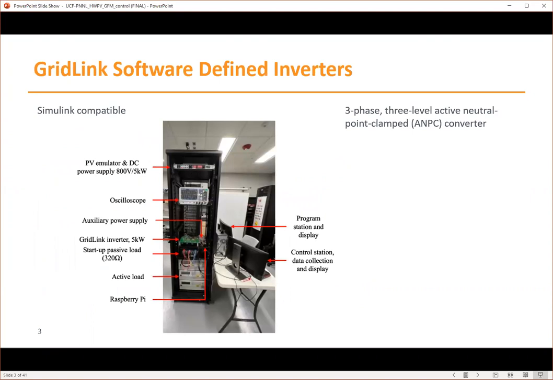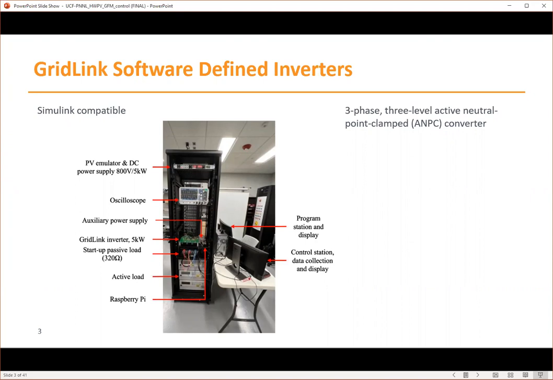What's shown here is the test setup at UCF for the 5 kW GridLink software-defined inverter platform. The GridLink inverter is a 3-phase, 3-level active neutral point clamped converter.